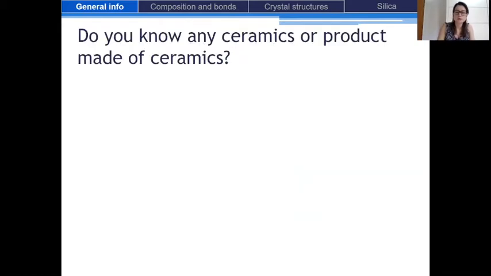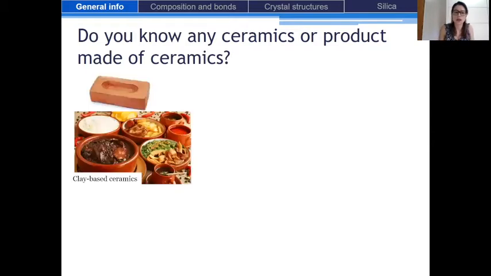So focusing on ceramics, what are the applications of these kinds of materials? I'm sure you have already seen some of them. For example, clay-based ceramics are used for brick and for this kind of dishes.